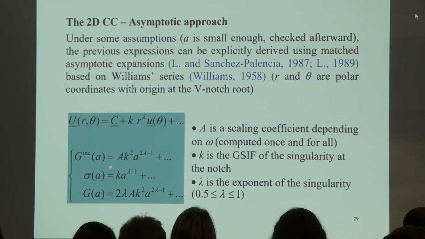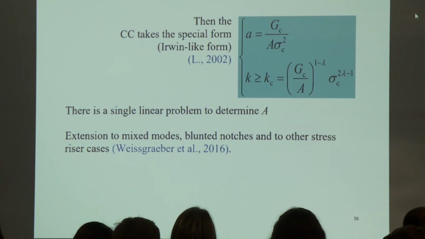Sigma here is just derived by applying the constitutive law to the displacement, and you can, in the same way, calculate G. And in this case, the coupled criterion takes this very simple form.